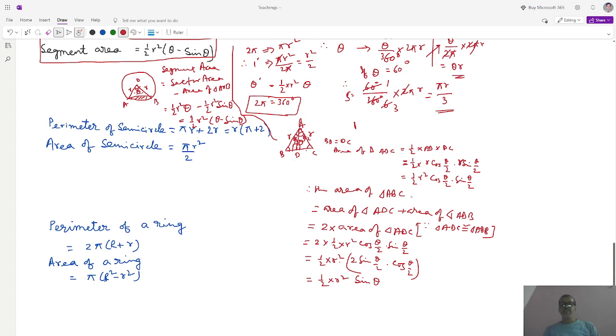We already found the area of triangle ADC and put it here and get 2 into half into r square cos theta by 2 into sin theta by 2. It can be written like this: half into r square into 2 sin theta by 2 into cos theta by 2, which equals half into r square sin theta.